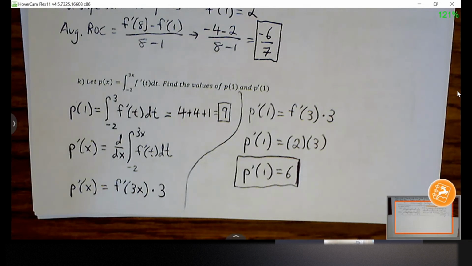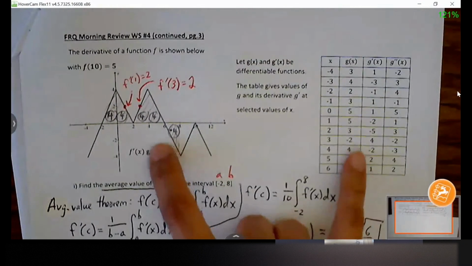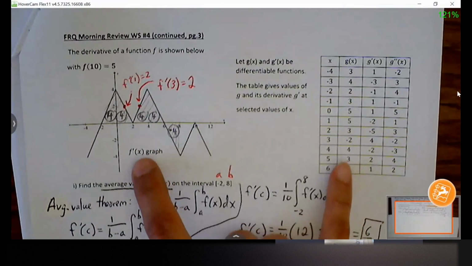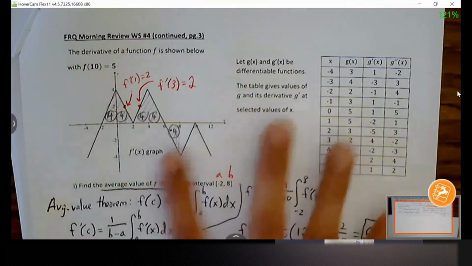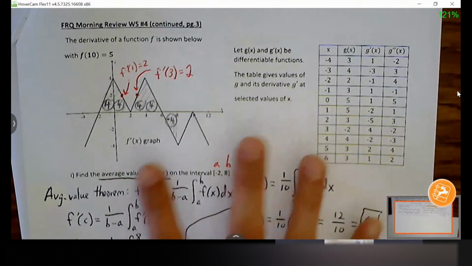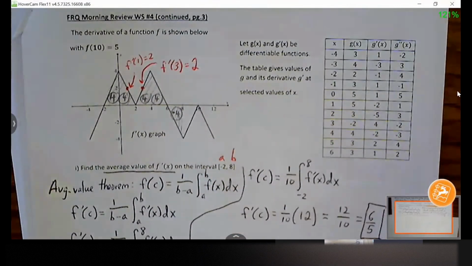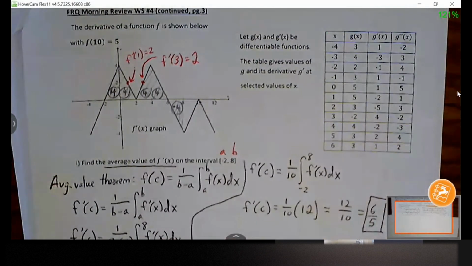Is it gonna be more like what we just did with a graph rather than just a word problem, like some of the examples on the antiderivative FRQs? No, it's literally going to look like this. Oh, okay. I created the quiz first, and then I created this morning review off the quiz.